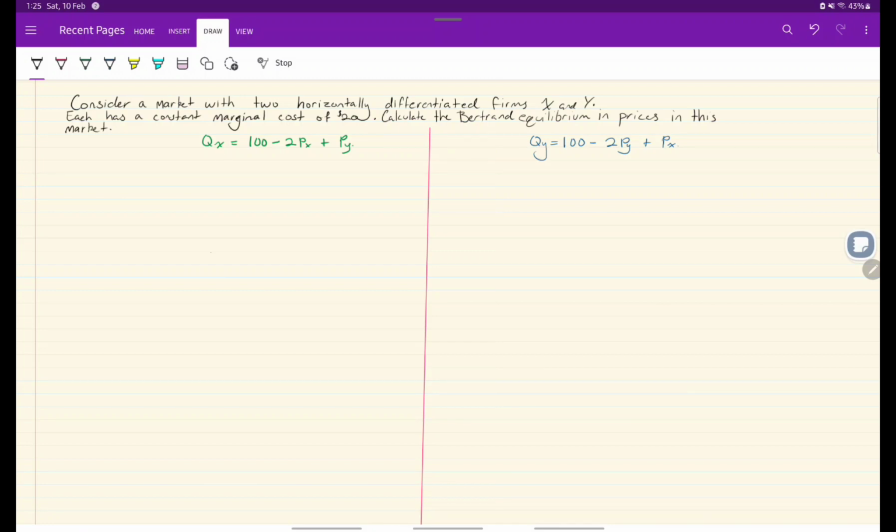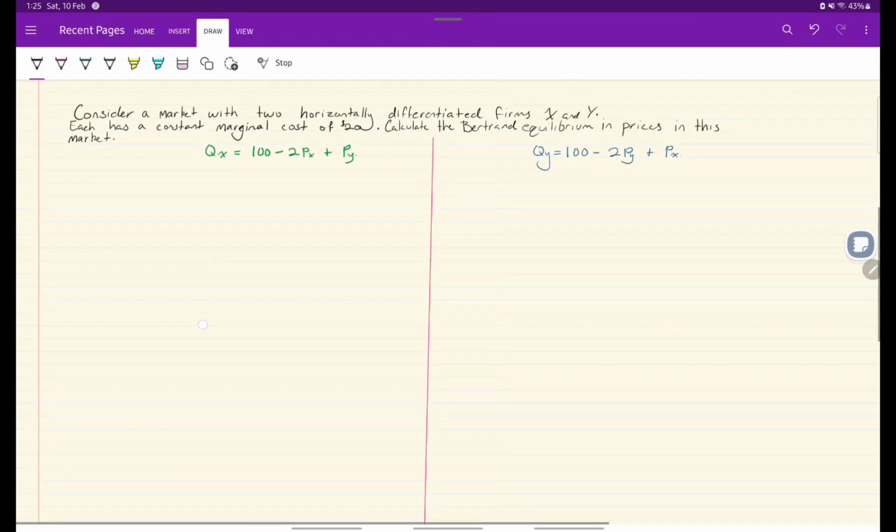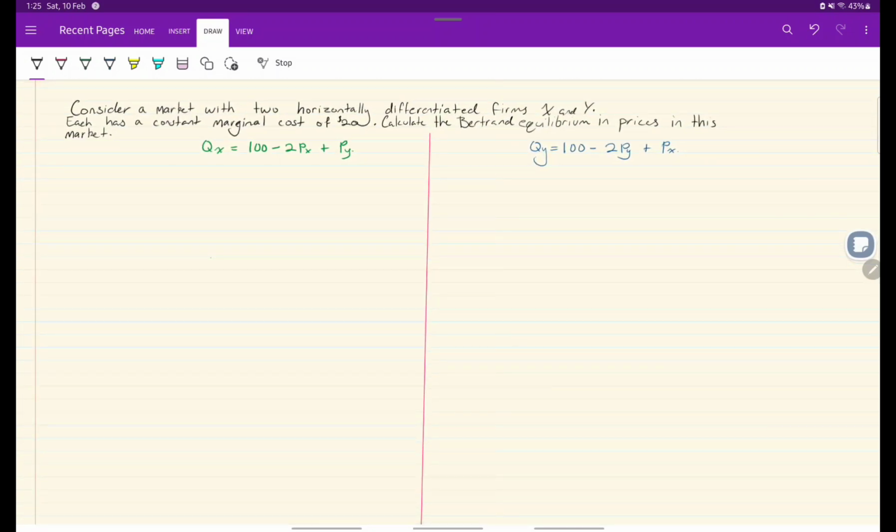And so we want to calculate the Bertrand equilibrium in prices, and Bertrand equilibrium is a price competition, essentially. But when they're differentiated, it is softer. Like I said before, you won't lose all your customers if you raise your price a bit, because customers are loyal to you. They have their own preferences.